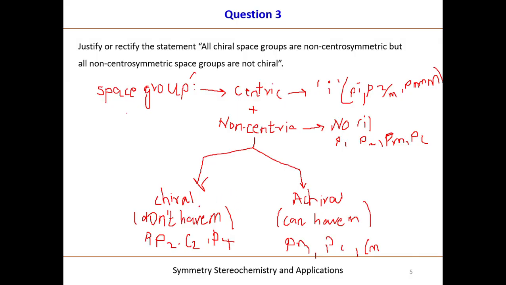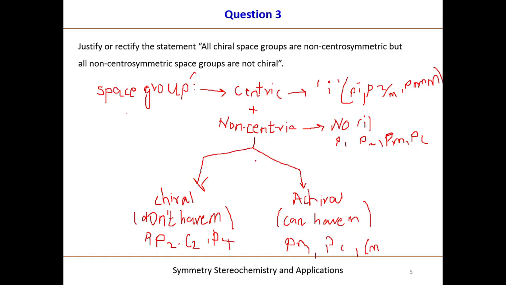Because a chiral space group doesn't have a mirror plane, it comes under space groups like P1, P2, C2, P4, P222, etc. While achiral ones come under PM, PC, CM, PMM, PCA2, PNA2, etc. space groups. The first sentence of the question was that all chiral space groups are non-centrosymmetric.